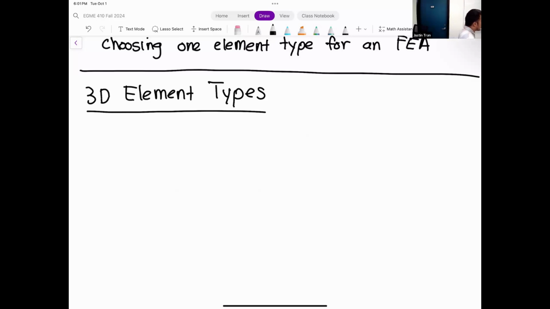Every element in 2D has a three-dimensional cousin. For the triangular elements, we have tetrahedrons, and for the rectangular elements, we have hexahedrons. All that same information will apply here. It's just that once you add the third dimension, it's going to change the structure of the shape functions and the structure of the element itself.